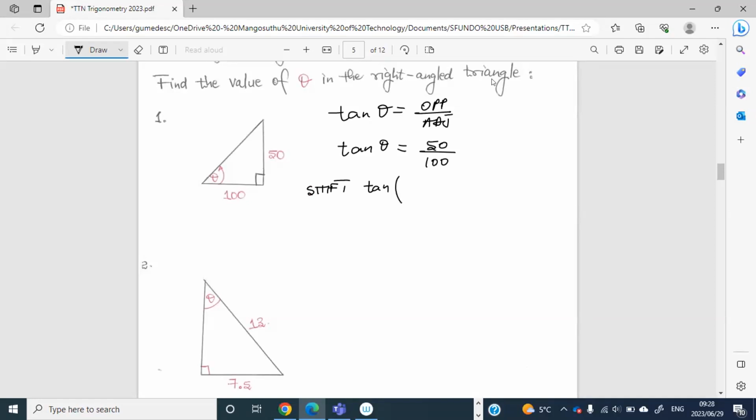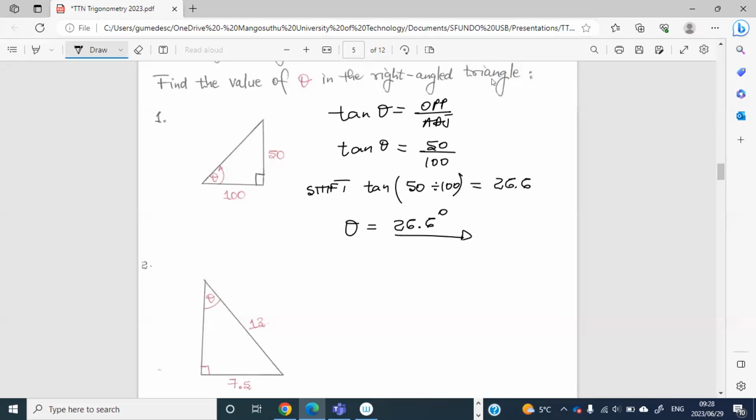Then I'll press 50 over 100. So it's 50 over 100. Then I'll close the bracket. Then I'll press equal to. Then I got 26,6 here, right? This is an angle. So I'll say now my theta is 26,6 degrees. It is the size of my angle theta.